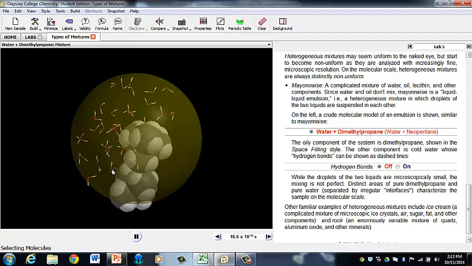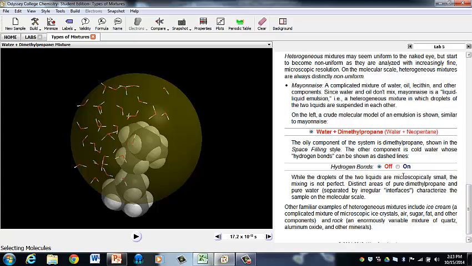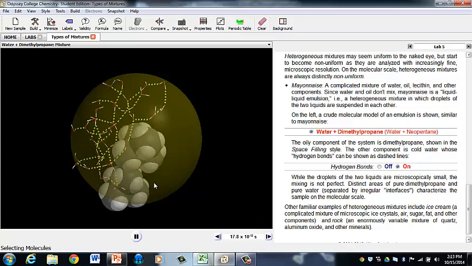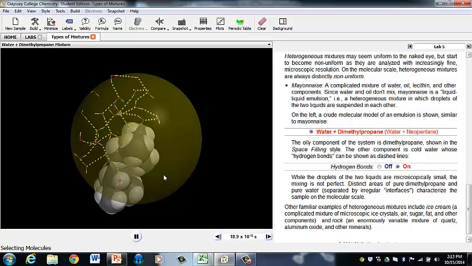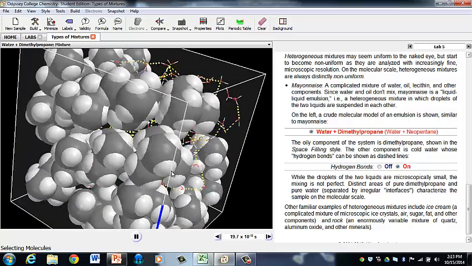All right. Now, I can also show you the hydrogen bonds between water molecules and show you that they're not going to form with the neopentane. That's hard to see.